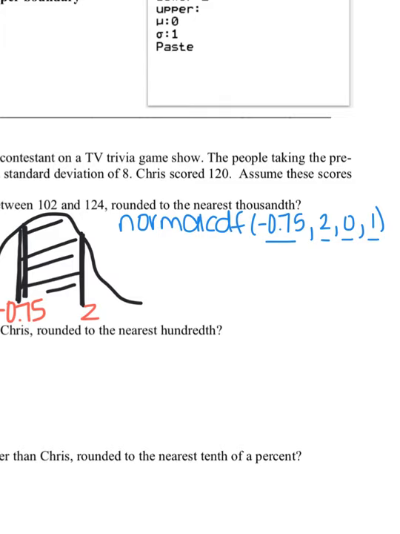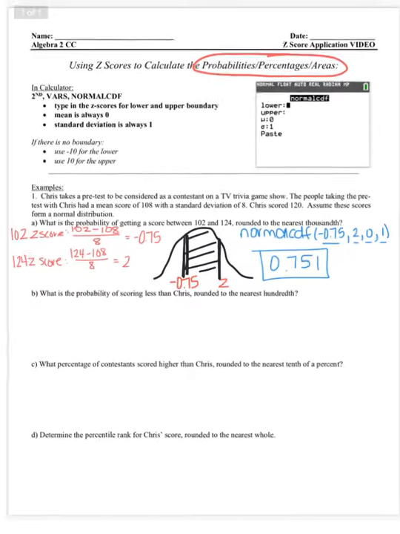And then you press enter. We are rounding to the nearest thousandth. You get 0.751. That's your answer. That's the probability of getting a score between those two grades.